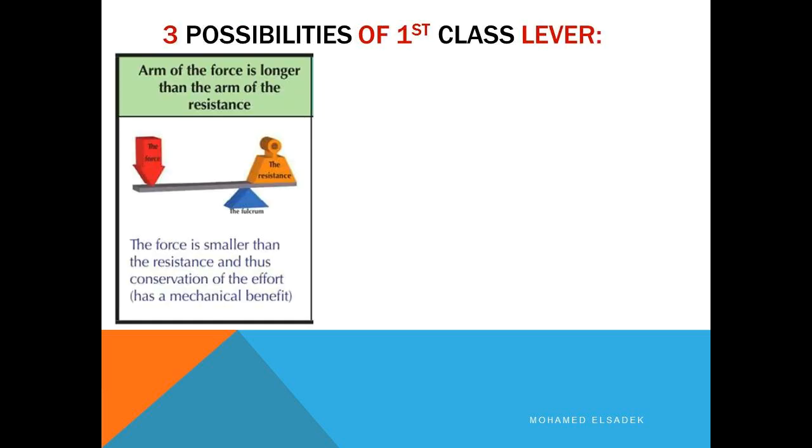The first possibility in first class lever: when arm of force is longer than arm of resistance، لما يكون ذراع القوة أكبر من ذراع المقاومة طبعا conserve effort. The force is smaller than resistance and thus conservation of effort، بمعنى ان هي has mechanical benefit، لها فائدة ميكانيكية يعني.